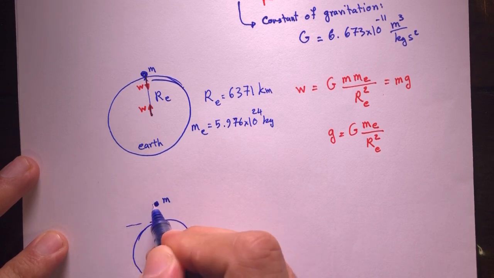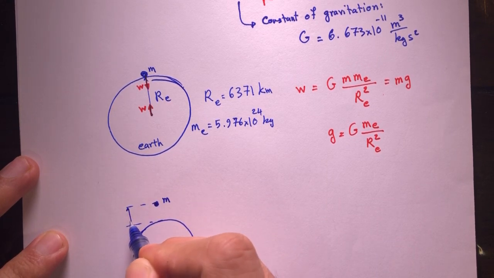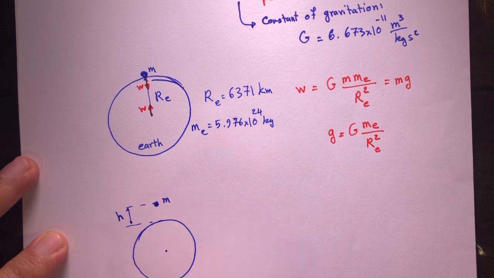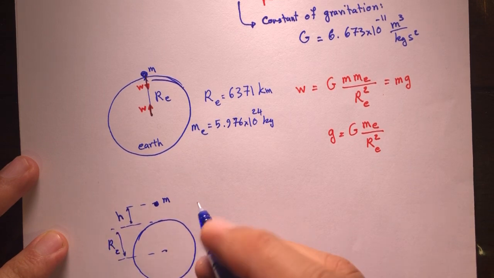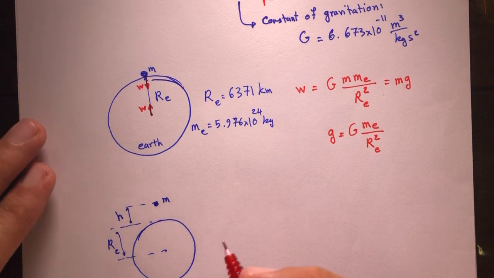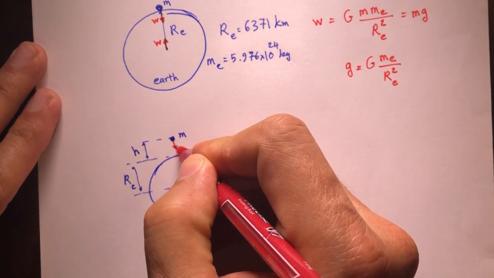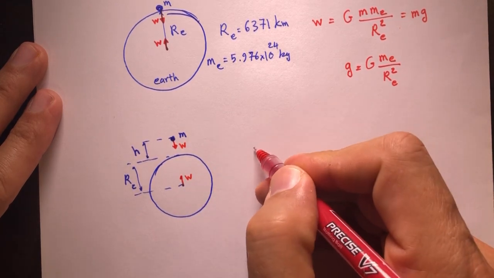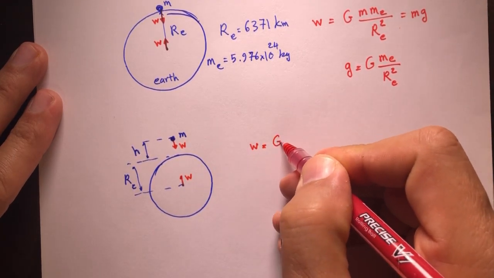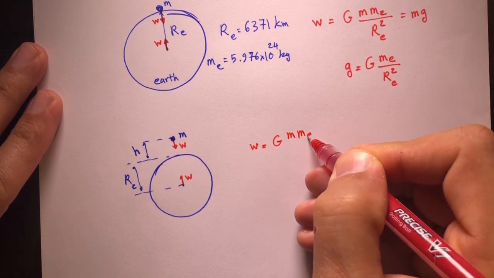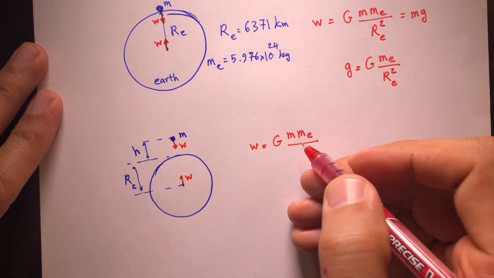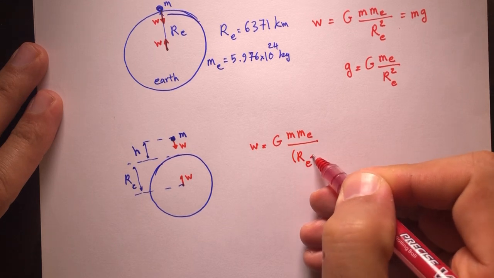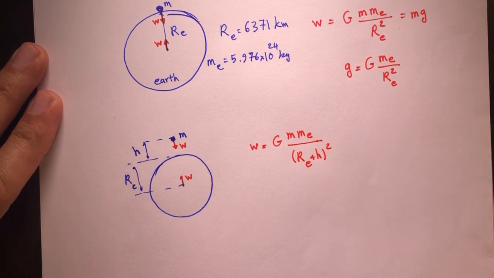So if the altitude of this mass from the surface of the Earth is h, and h is significant compared to the radius of the Earth, then the weight of this particle at that altitude is going to be G times its mass times the mass of the Earth divided by the distance between them, which is RE plus the altitude h, squared, right?